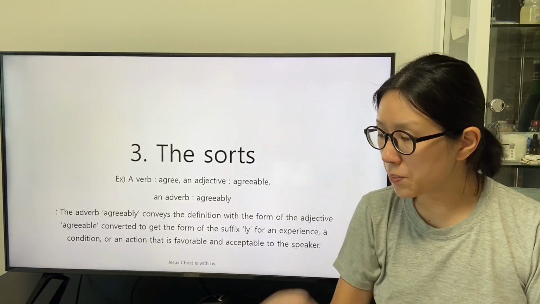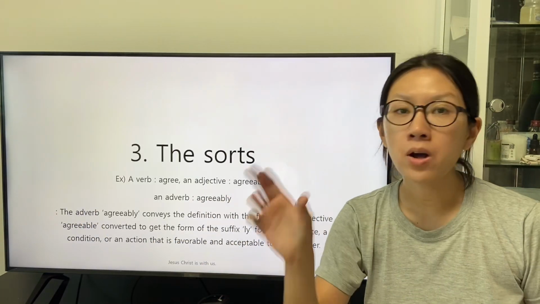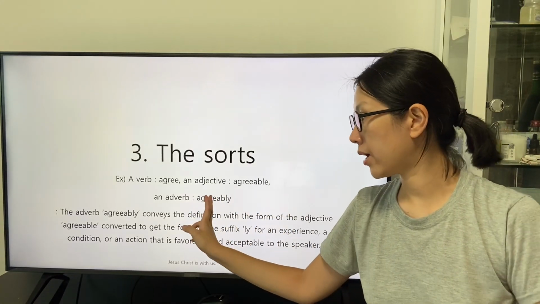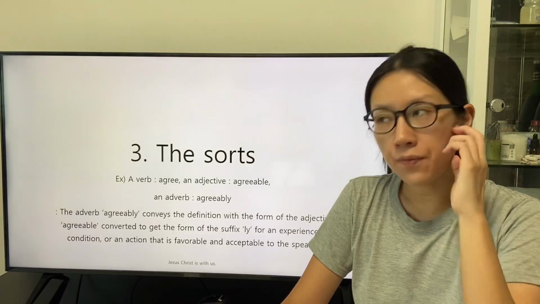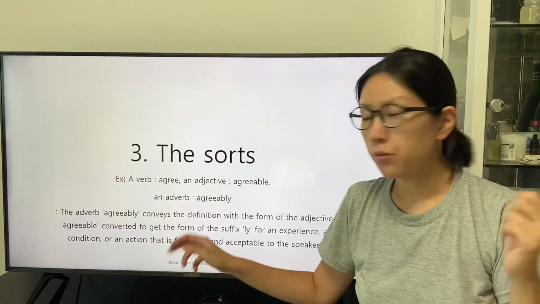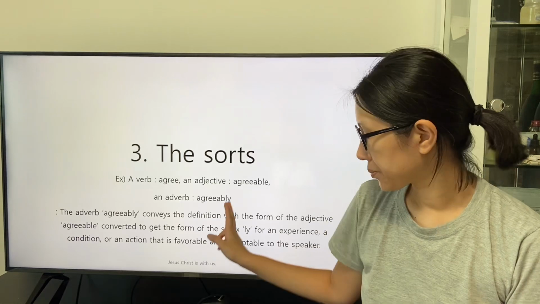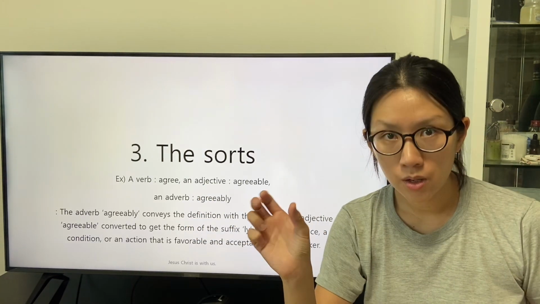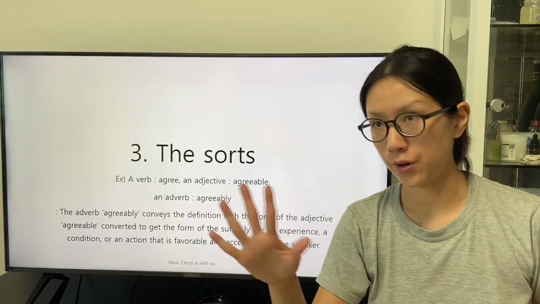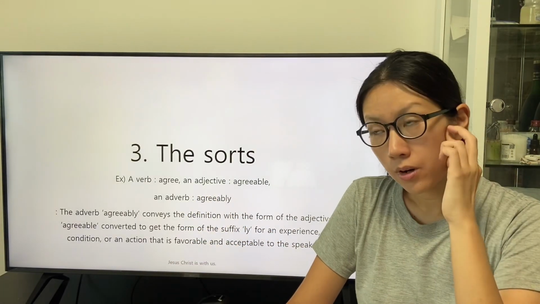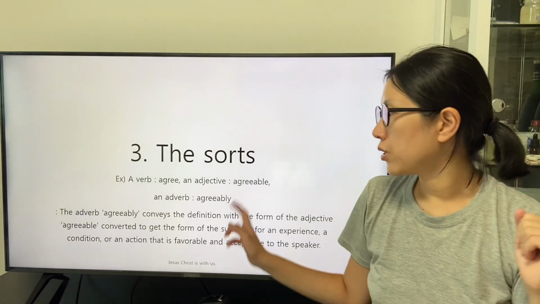The information about the trait as an adverb revealed from the identification for the suffix ly that is added to the body of the adverb may be helpful to identify an adverb in a clause.